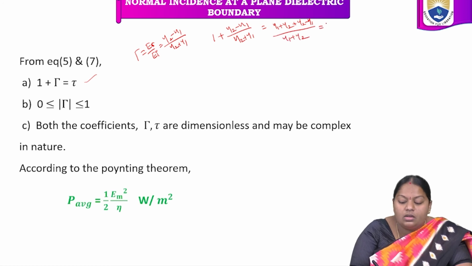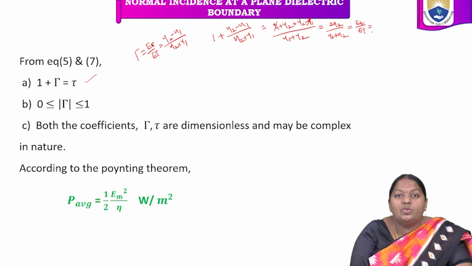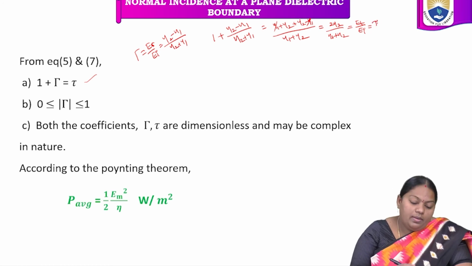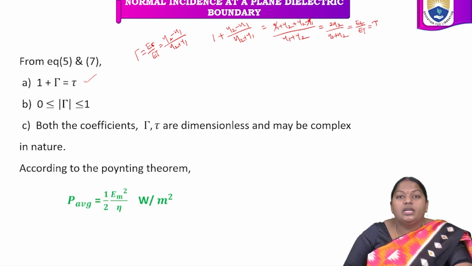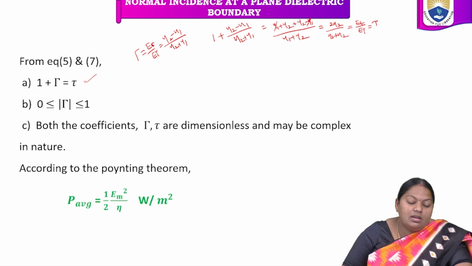Minus eta 1 and plus eta 1 get cancelled, giving 2 eta 2 by eta 1 plus eta 2. Now what is this relation? 2 eta 2 by eta 1 plus eta 2 is the ratio of transmitted wave field strength to the incident wave field strength, ET by EI, which is tau. Okay, so from these two equations, for reflection coefficient and transmission coefficient, we have written 1 plus gamma equal to tau.